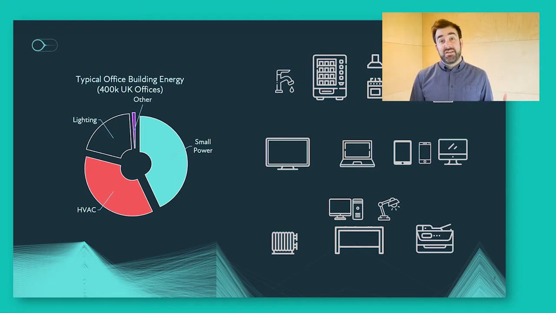Just under a third of total building energy is taken up by HVAC, just less than a third is taken up by lighting, and then there's this other unregulated energy load. We call it small power, sometimes it's known as plug load power. It, in some cases, can be up to 50% of total building energy consumption. That's quite a lot for an unregulated load.